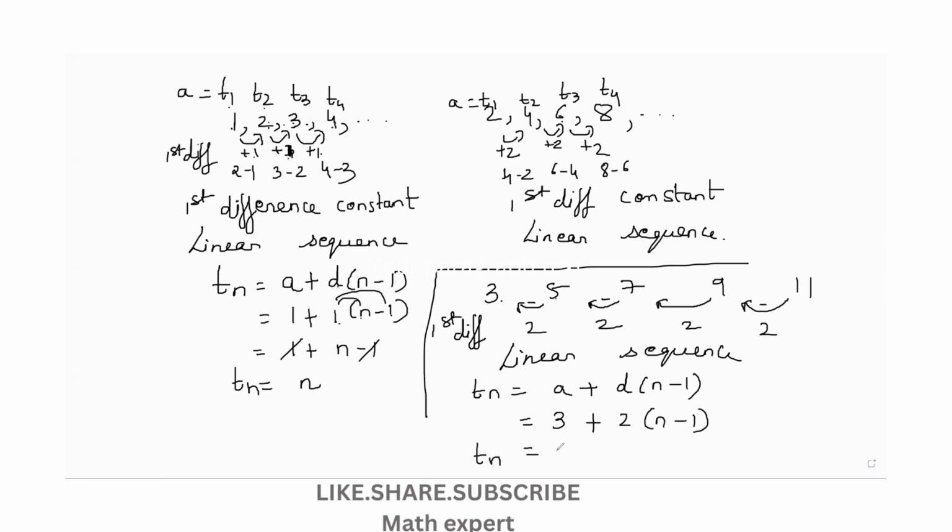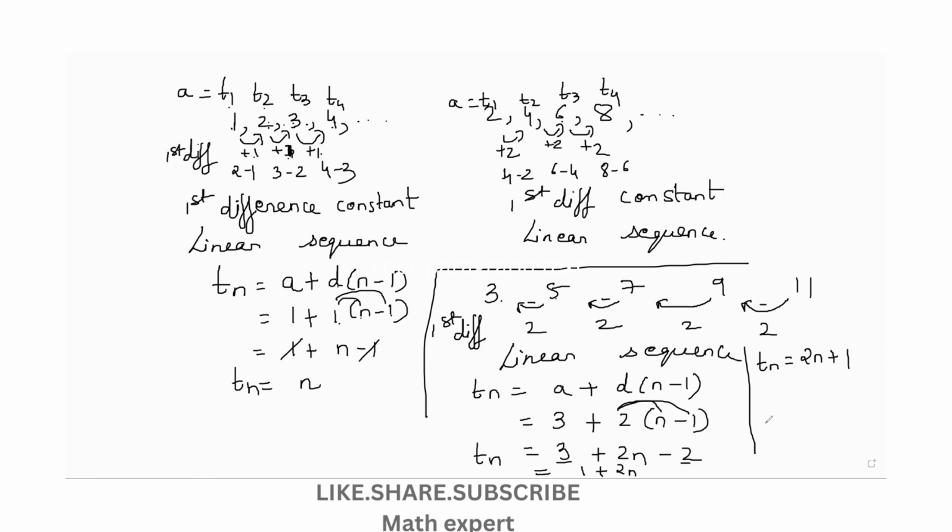So Tn is equal to 3 plus 2 into n, which is 2n, and 2 into minus 1, which is minus 2. So like terms are 3 and minus 2. So 3 minus 2 is 1, plus 2n. So your general formula is Tn equals 2n plus 1.